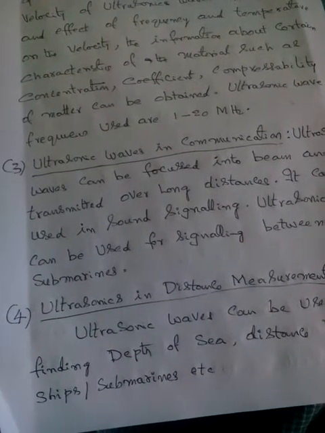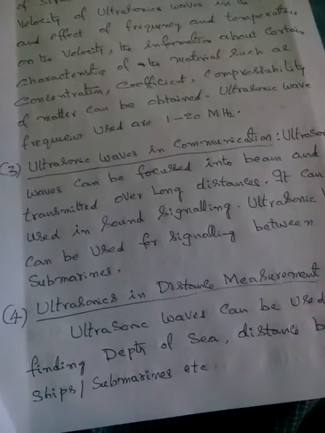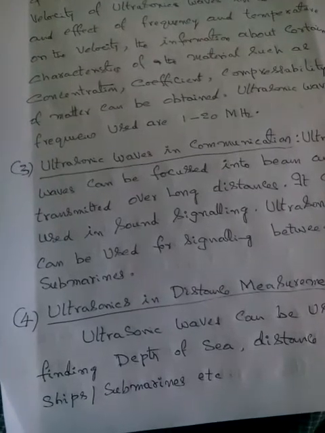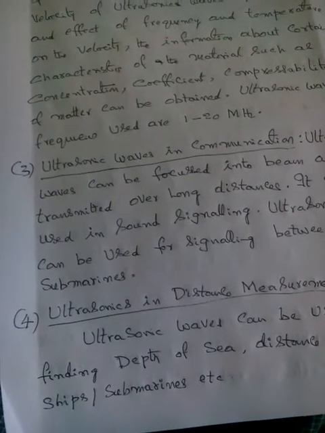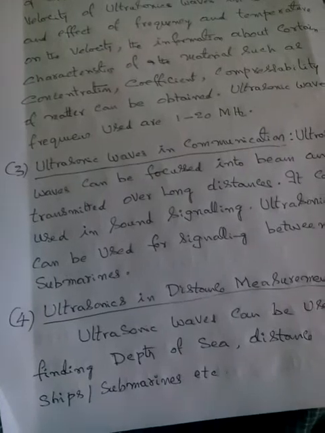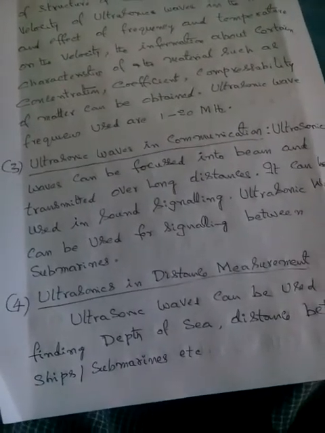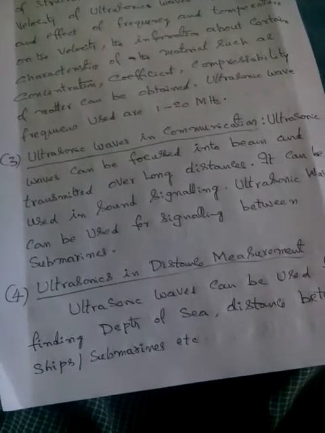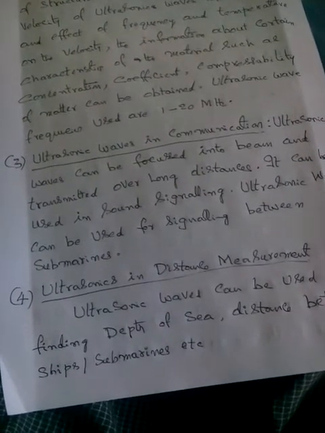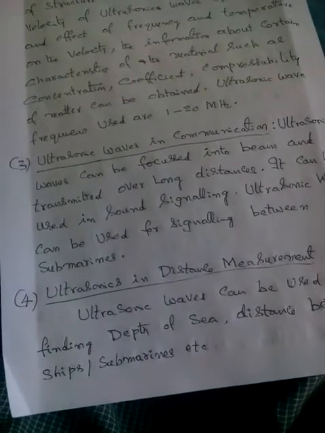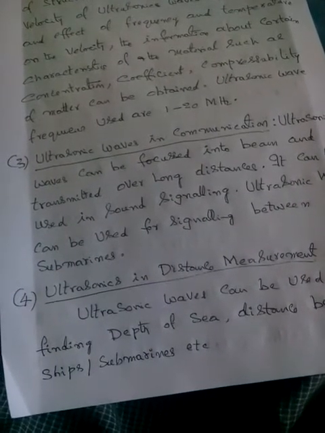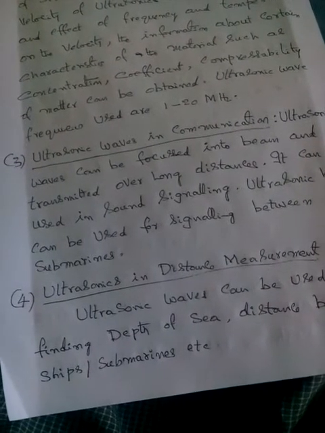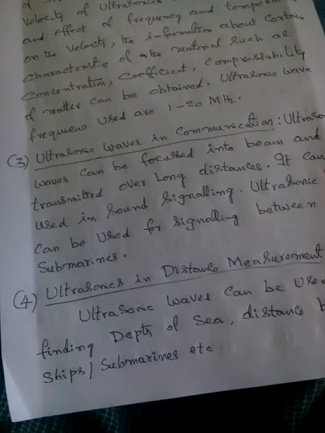Where electromagnetic waves cannot be used, the ultrasound system works very well, particularly in water, for submarines and for ships, etc. So ultrasonics in distance measurement, also called sound signaling in water, is very much used. So we have a lot of applications of the ultrasound for distance measurement on earth as well as in water.